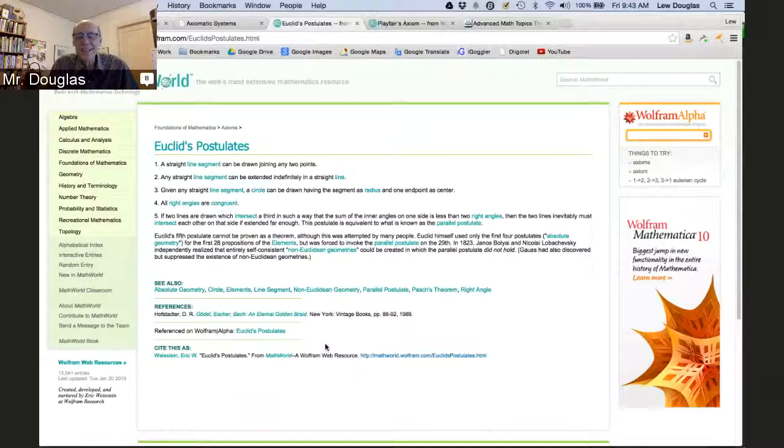The fifth one, there was a lot of controversy on, because it's so much longer and so much more complicated than the others. It says, if two lines are drawn which intersect a third line, what we usually call a transversal, in such a way that the sum of the interior angles on one side is less than two right angles, that is less than 180 degrees, then the two lines inevitably must intersect each other on that side of the transversal if extended far enough.